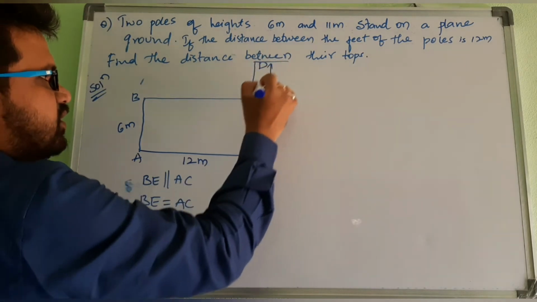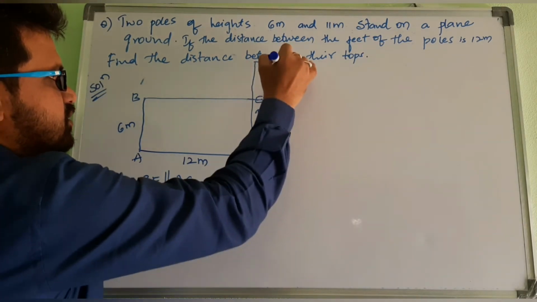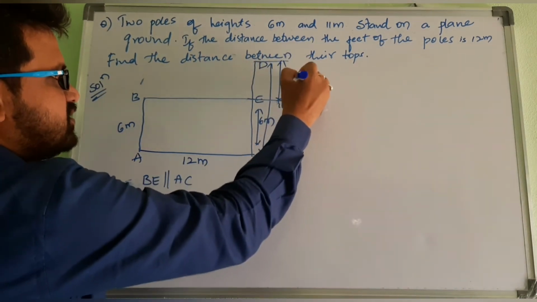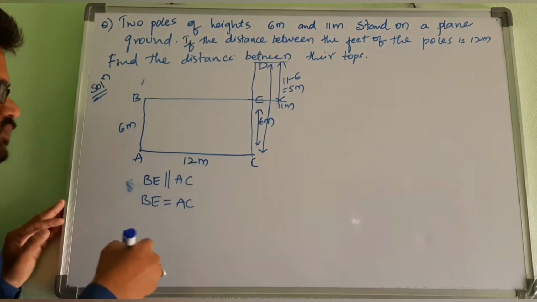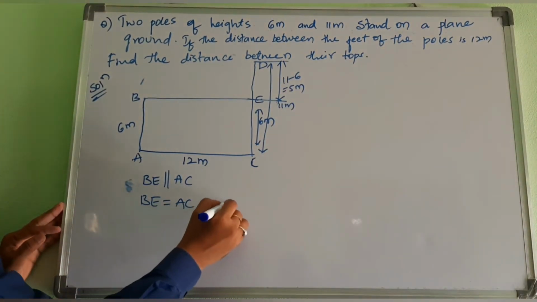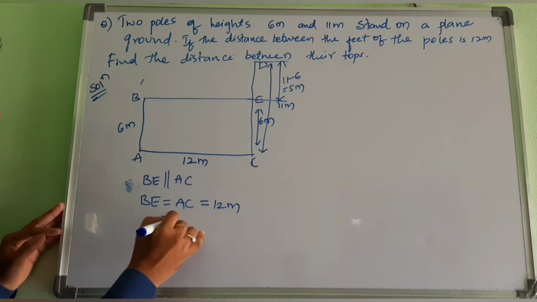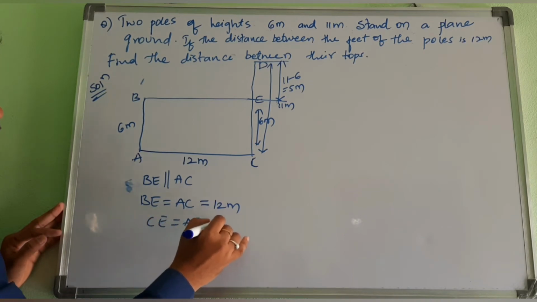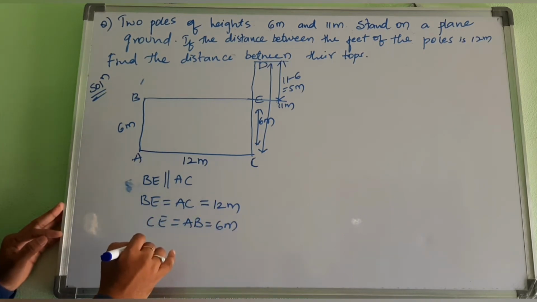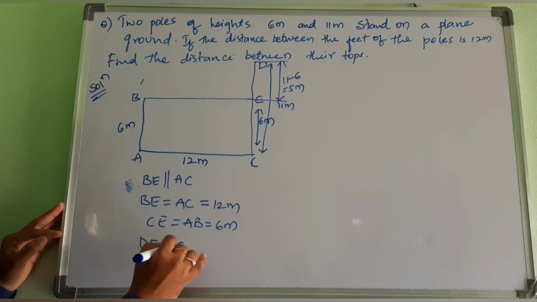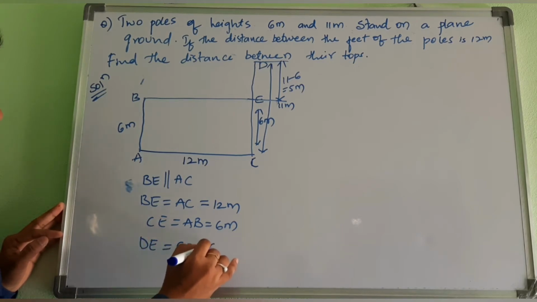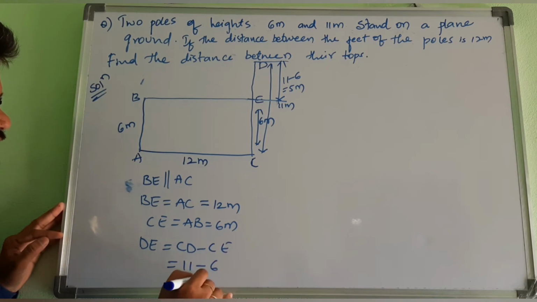Then this one is 11 minus 6, which is 5 meters. That is equal to 12 meters. CE is equal to AB, which is 6 meters, and DE is equal to CD minus CE, that is 11 minus 6, 5 meters.